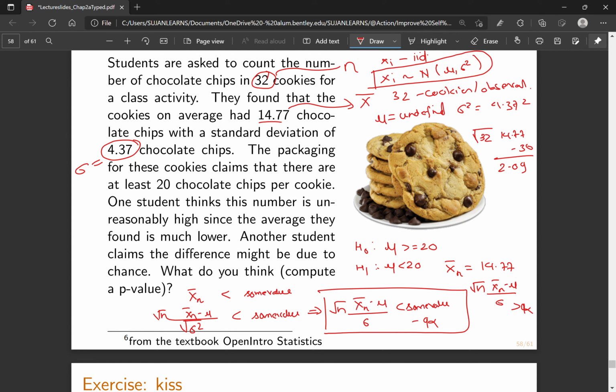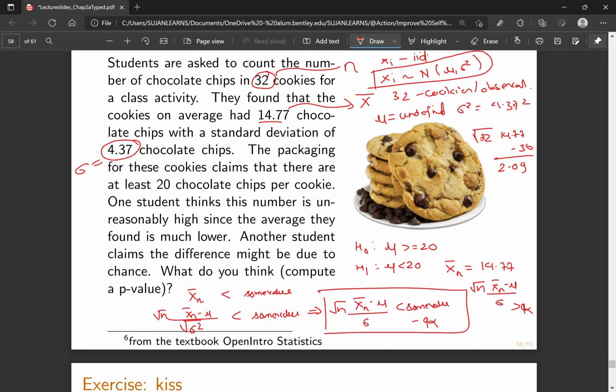Is that right? Let me see. Let's step back for a while. Let me see if I'm doing it right here. Square root of 32.